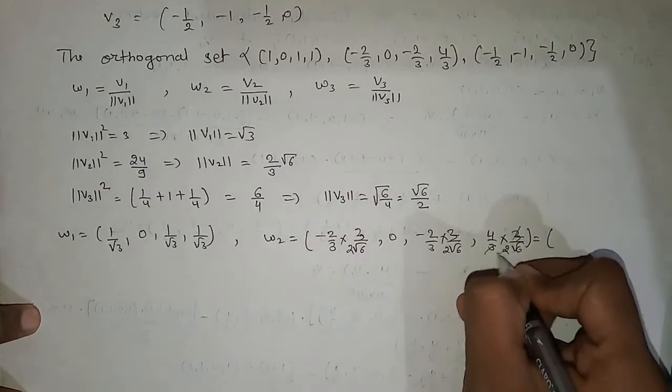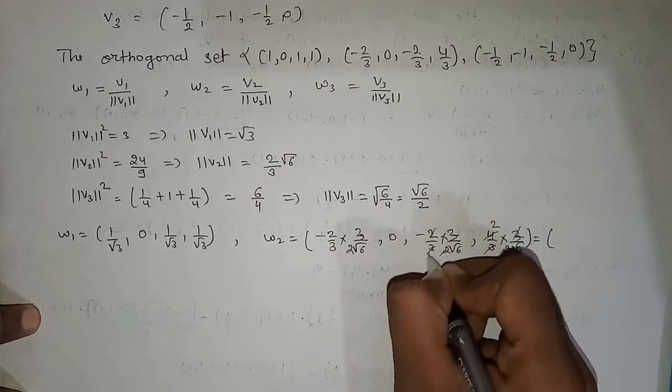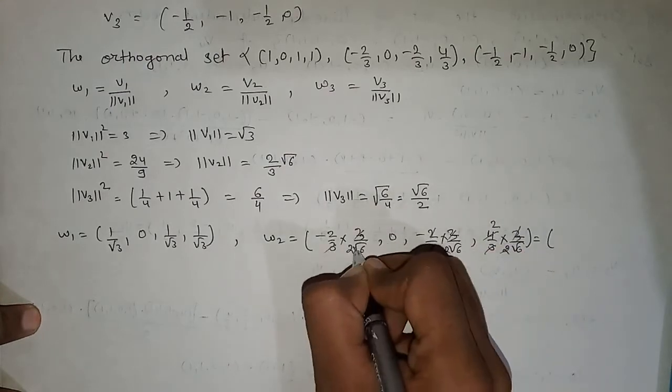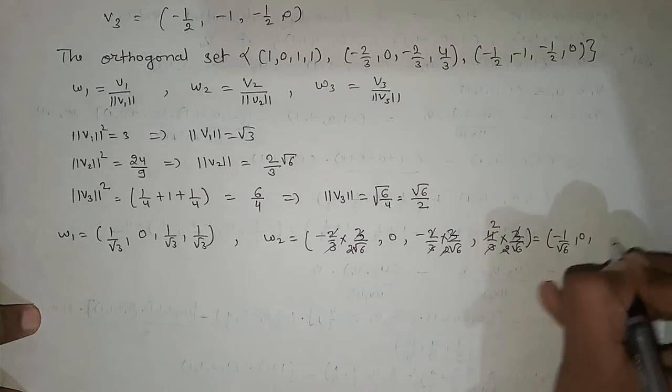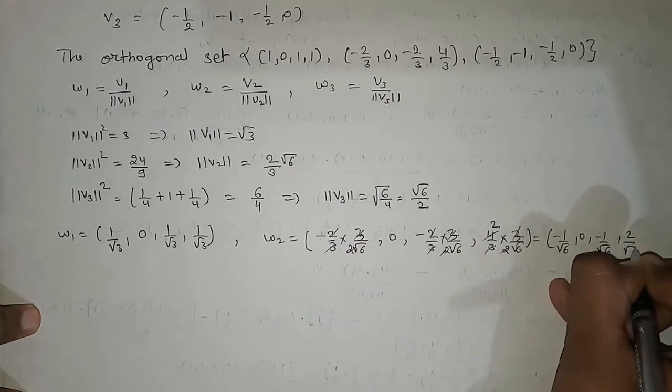So 3 and 3 cancel, 2 ones are 2, 2 twos are 4, 2 and 2 cancel, 3 and 3 cancel. So this becomes (-1 by root 6, 0, -1 by root 6, and 2 by root 6).